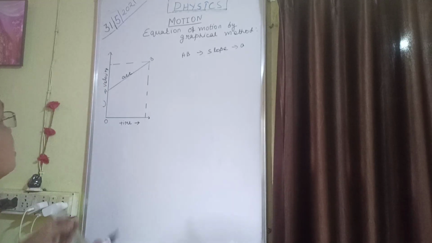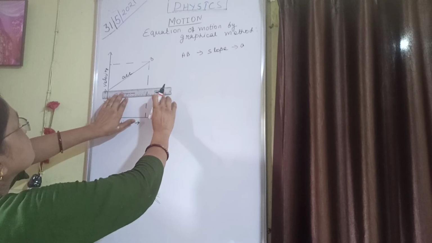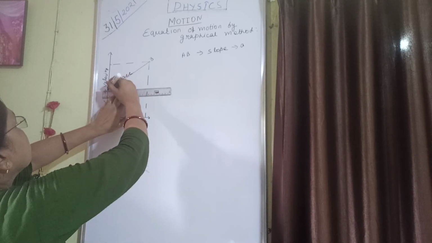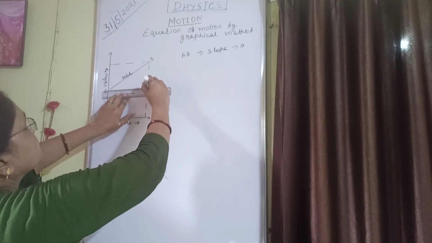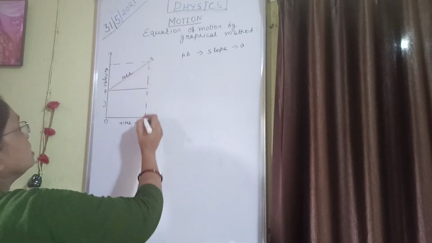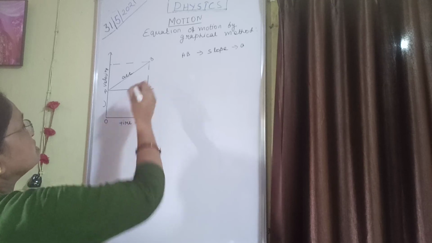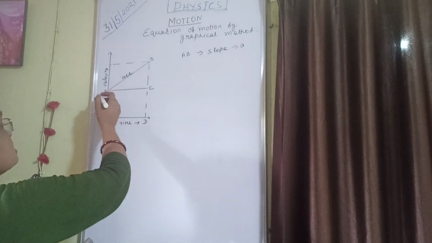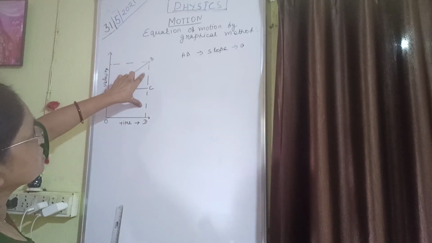Now students, one more thing I am doing, because the body starts moving from position A. A perpendicular is dropped from A, this is B and this is D, and this is C. I have named them C and D. So AC is the perpendicular that has been dropped on BD.